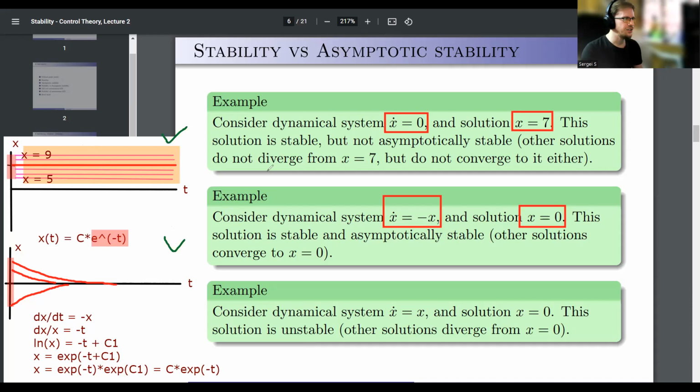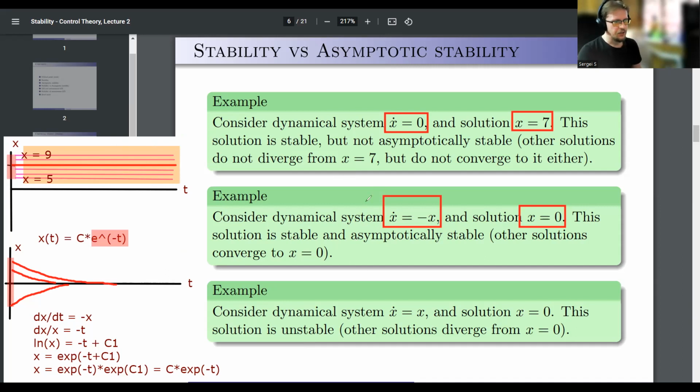This is asymptotically stable. That is quite a typical way to talk about it. For marginal stability, notice we talk about this orange region, the region from where we don't escape. With asymptotic stability, we don't need to think about it. We just go towards the solution.